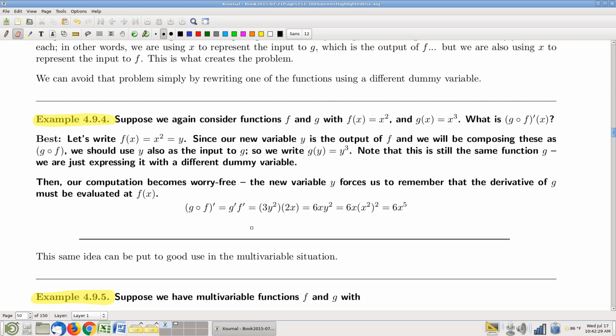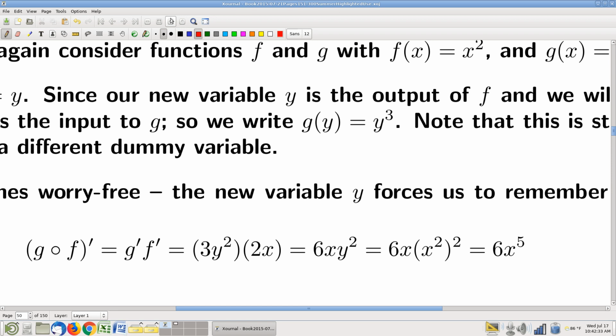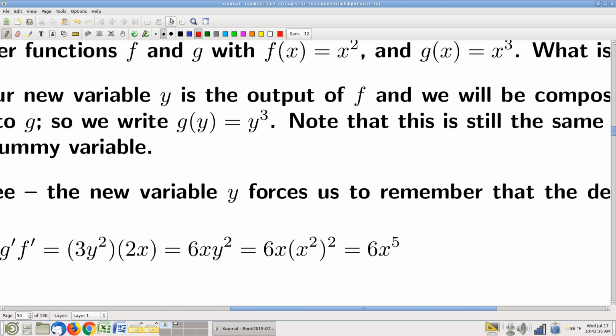And notice the fact that this is written down as y tells me that what I have to put in for y is x squared. So don't confuse your variables is the punchline here. If you don't confuse your variables, then life is good.